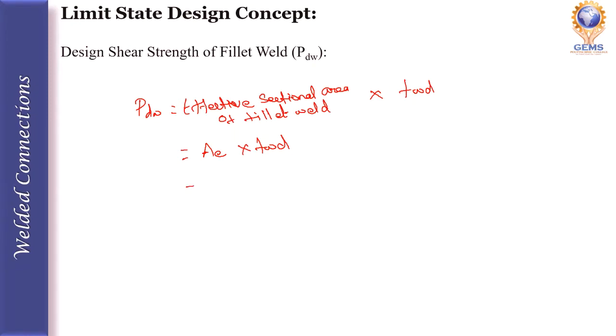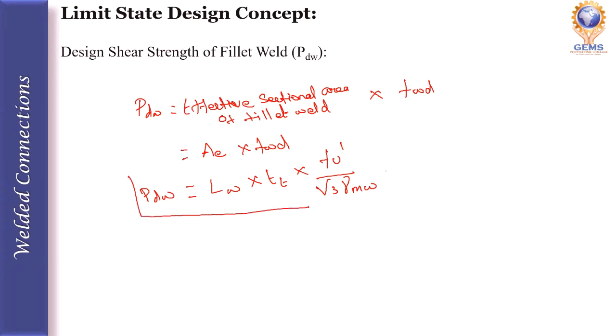This AE we find out as effective length into throat thickness, into the design shear capacity Fu by root 3 gamma MW. So this is the design shear capacity of fillet weld.